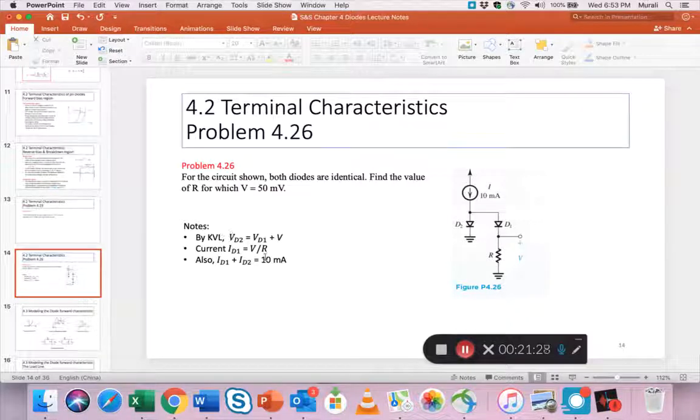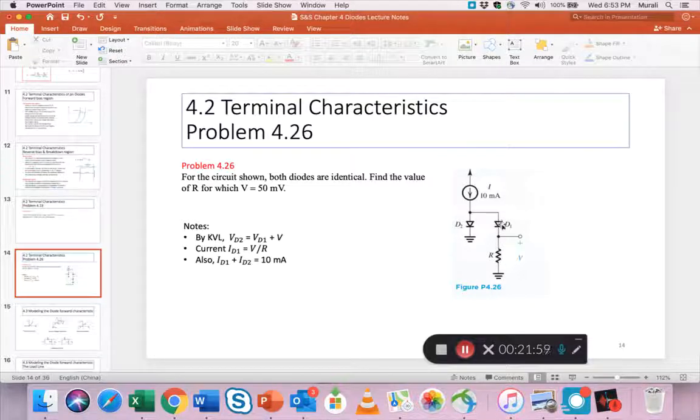By KVL, we can say that the voltage across D2 is the voltage across D1 plus that V. If you think of this as a loop, then VD2 equals VD1 plus V. The current ID1, which is this current, will be V by R, right? If the current is all flowing here, then the current will be this voltage divided by this resistance.